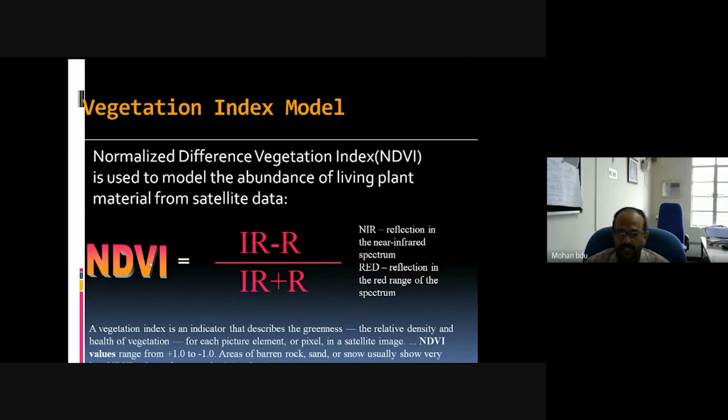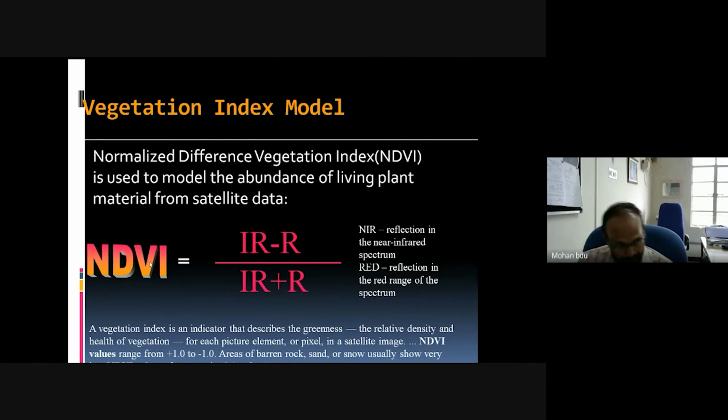You can see this is the equation for NDVI, where NIR is the reflection in the near infrared spectrum and RED is the reflection in the red range of the spectrum. So a vegetation index is an indicator that describes the greenness.